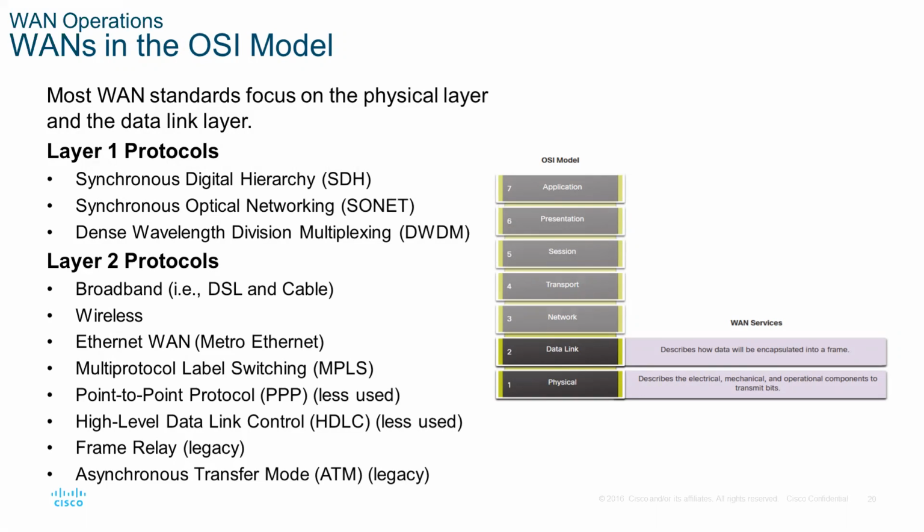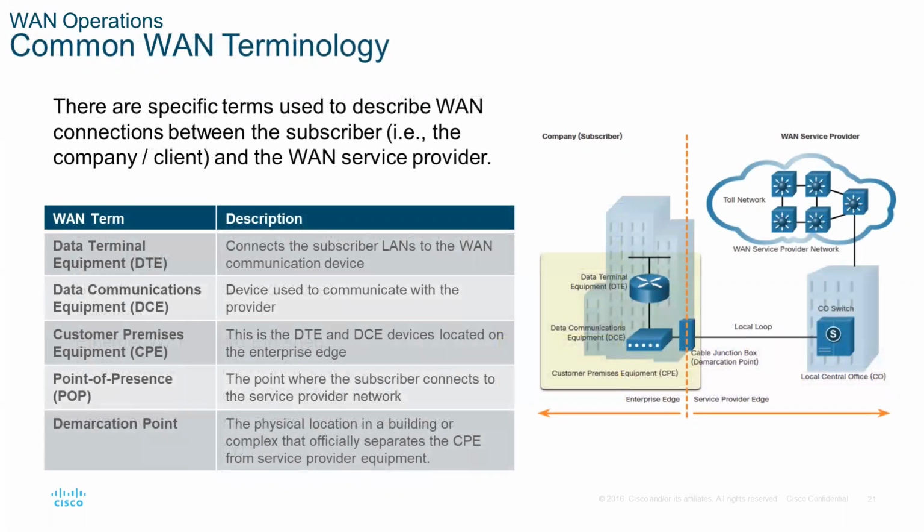Then we go to the way we're going to access that media and the various ways we're going to represent that information. And we start looking at protocols such as DSL, cable, wireless, Ethernet, point-to-point protocols, frame relay, ATM, and so on and so on. As technology develops, the options of how those media and protocols interact will change.